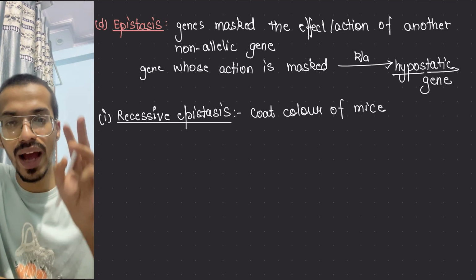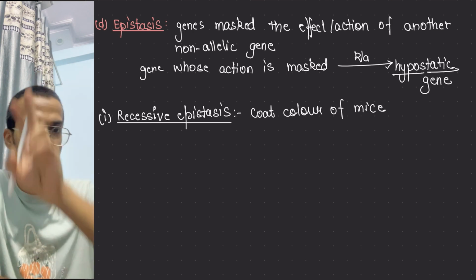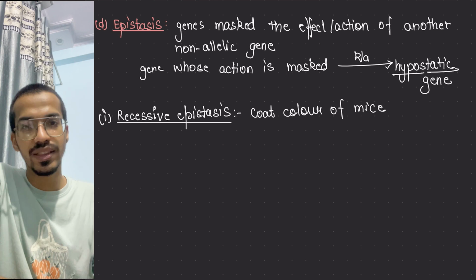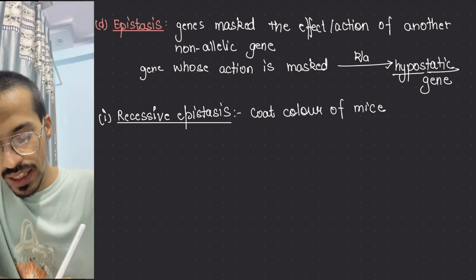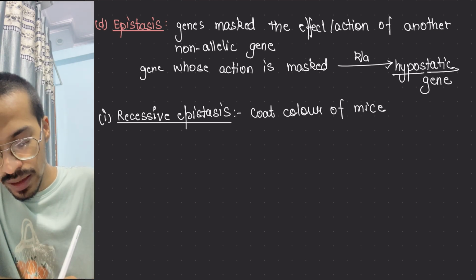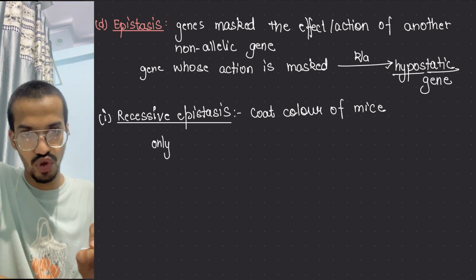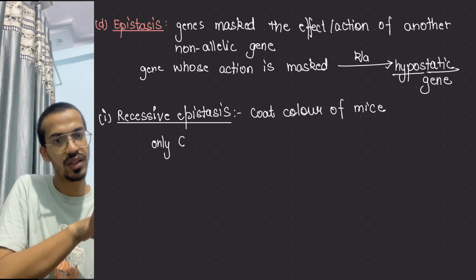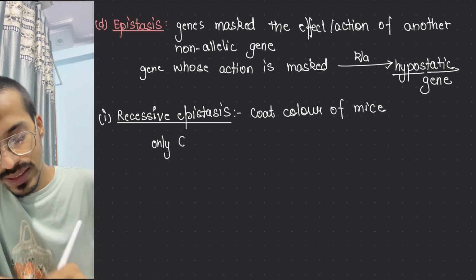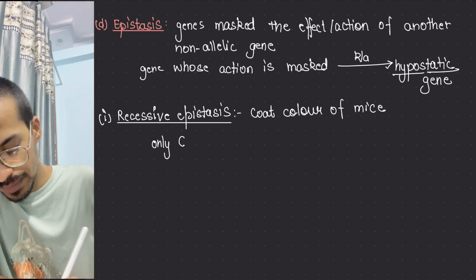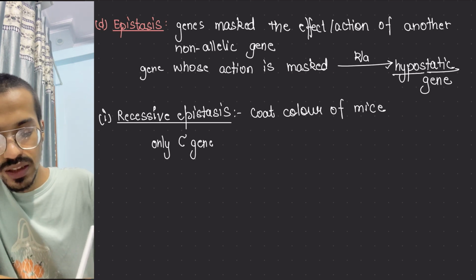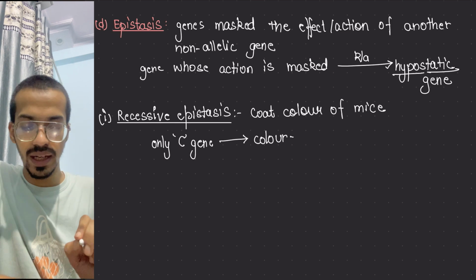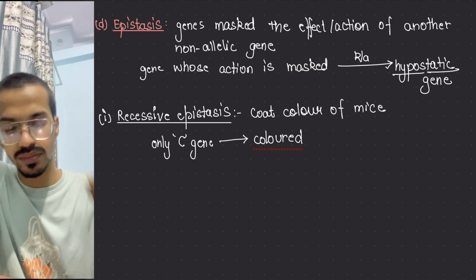Let's see that. Two different genes are working. One I am taking as C, the other as A. The letters C and A themselves mean a lot. If only capital C gene is present, whether single or in double form, then C means colored, so the mice coat would be colored.